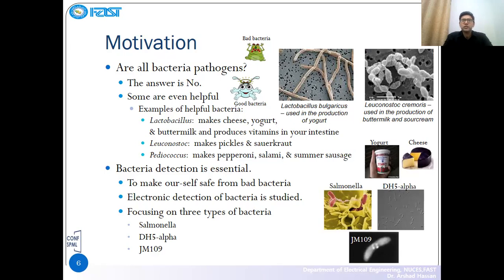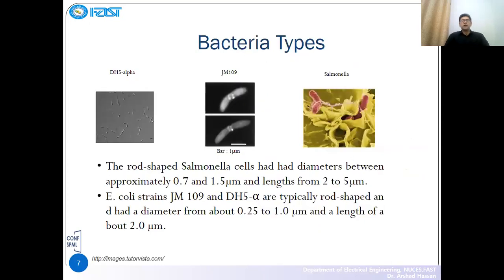We have focused on three bacteria types. One is Salmonella, which you can see on the right side, which has flagella to move around, and the other two are E. coli strains, which are DH5 alpha and JM109. Here you can see the shapes of these bacteria.